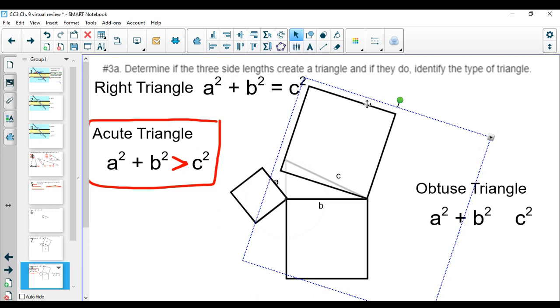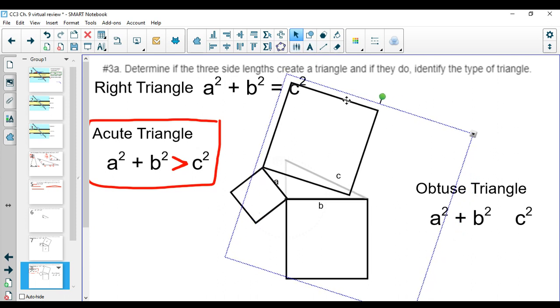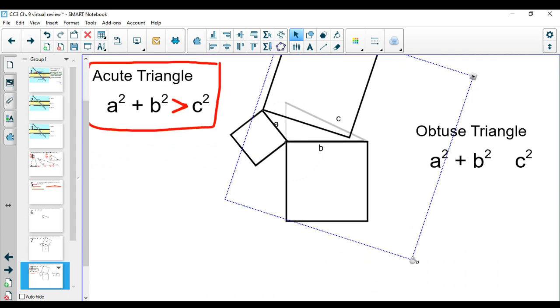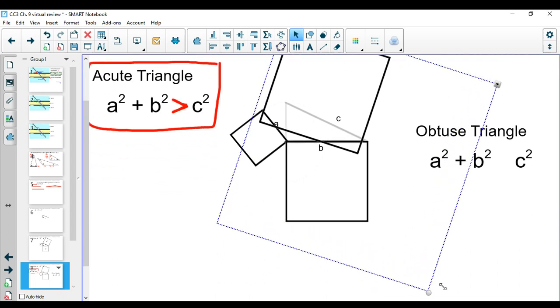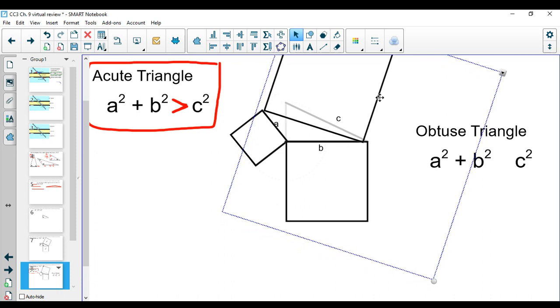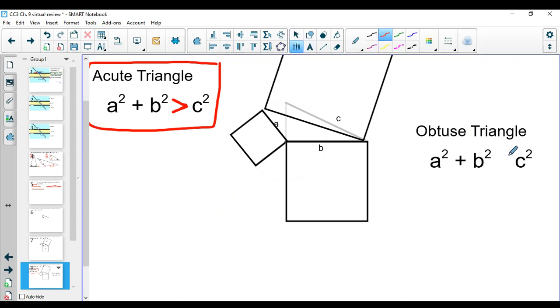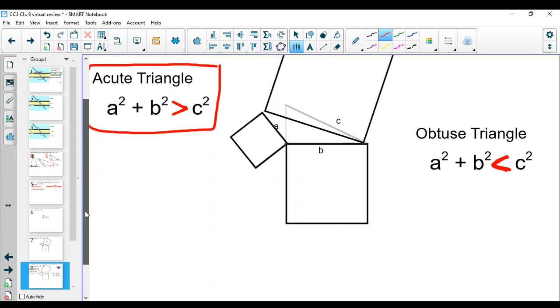The only way that's going to happen is for c squared to get bigger. And if the c side gets bigger, c squared is getting larger. So therefore, obtuse triangles occur when c squared is larger.